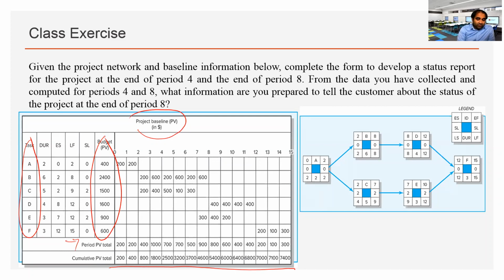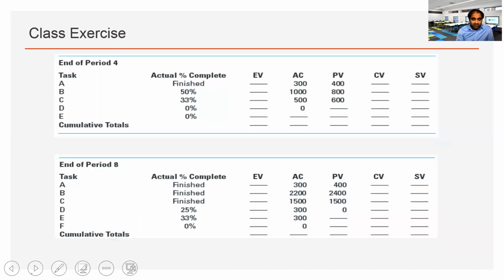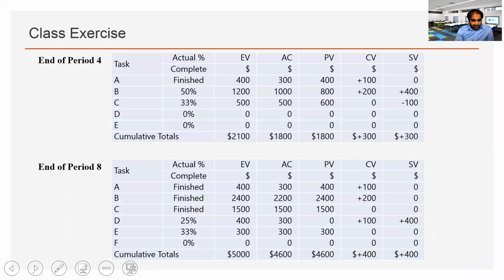Then after the end of each period, develop the EV, AC, PV, SV, and the CV table at the end of each period. Fill out these numbers. End of period 4, period 8, what do these numbers look like? This is the solution. If you don't understand any number, any part of these, obviously I'm happy to explain again.